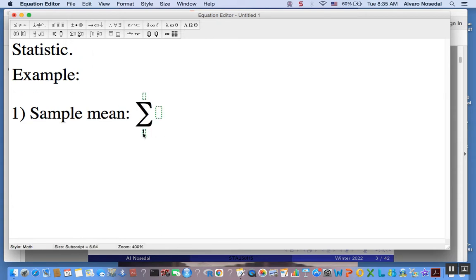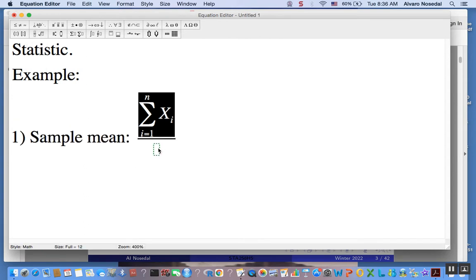We have a sample of size n. We observed n realizations of a random variable. We add them up, we divide them by n, and that's our sample mean. That's an example of a statistic.